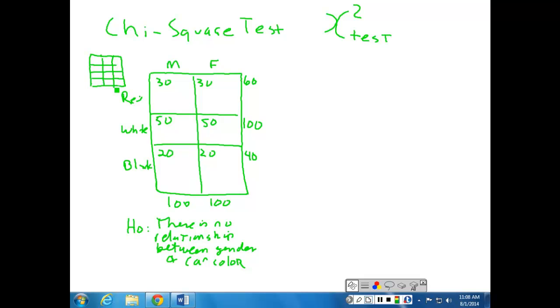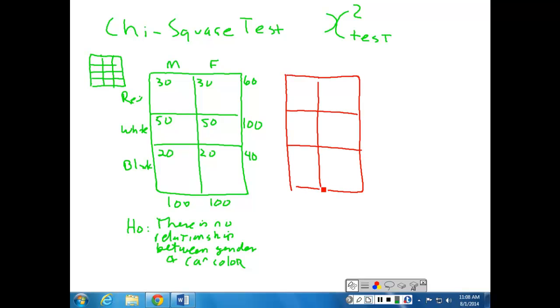So now let's say that we went out and we collected some data, and that this is what we observed. Of course, this hasn't changed. The cars are still in the parking lot, and there's still 100 males and 100 females. But now, I sit out the window and watch people get in their cars, kind of like a spy game or something, and so I observed this.